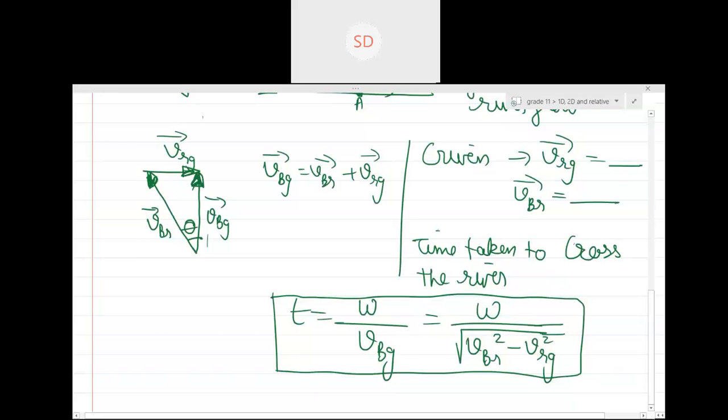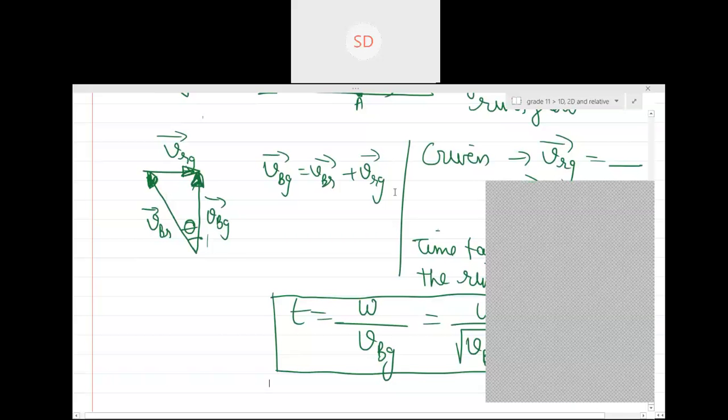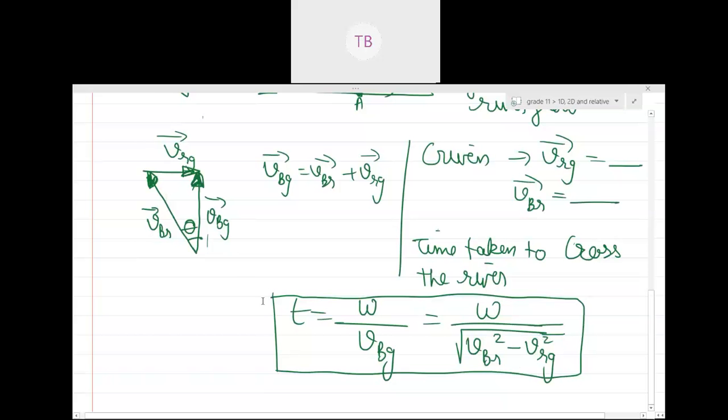This is the Pythagoras theorem. VBG is basically the velocity of the boat with respect to ground. Shall I name them again? What is VBR, VBG?